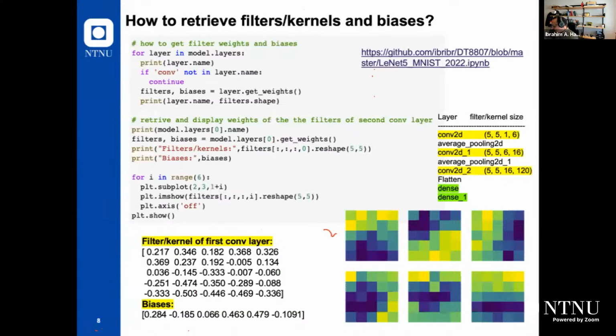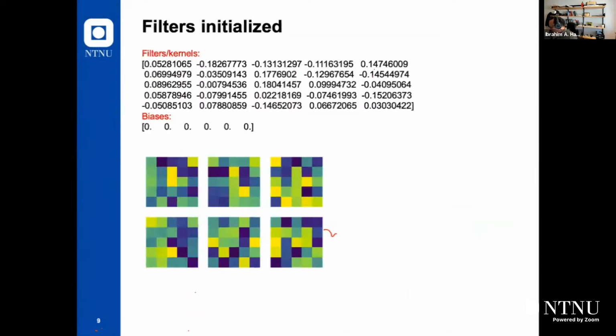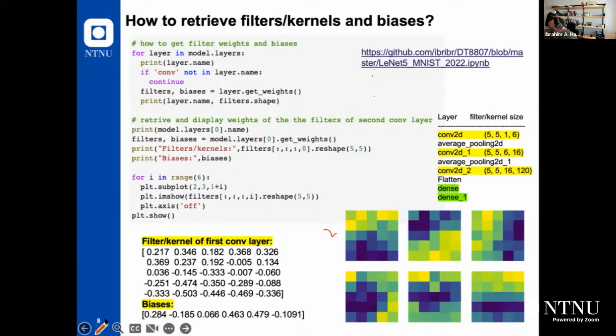But how do we retrieve those filters or kernels and the biases? If you want to see those numbers, because we know that in the first conv layer, we have 6 filters, right? And each filter has a size of 5 times 5. In the second conv layer, we will have 16 filters, right?